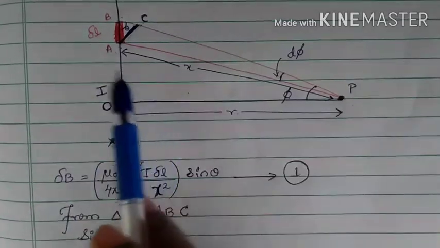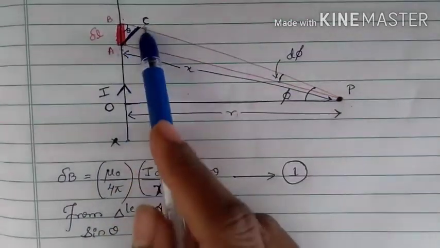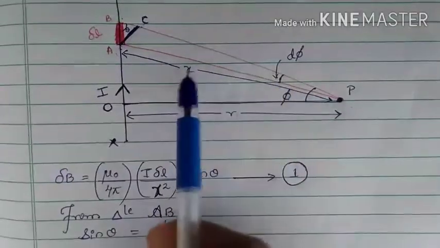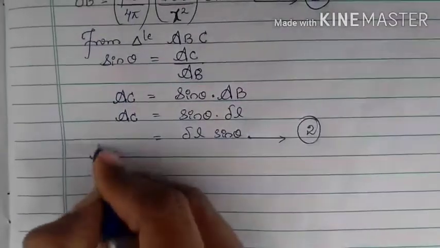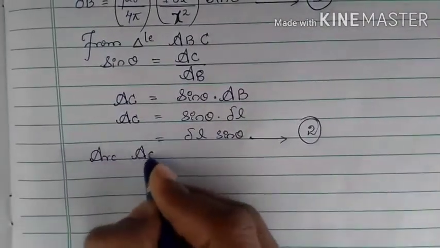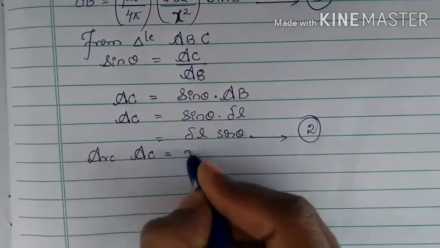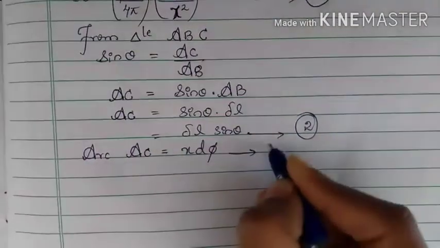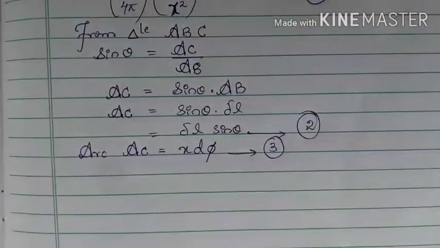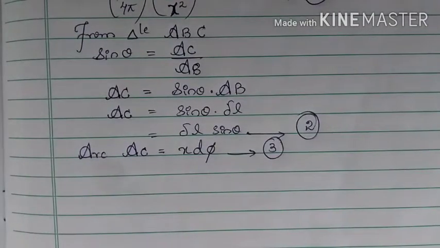Using that, we can write arc AC as x d phi. Let us call this equation number 3. So you have equations 1, 2 and 3.